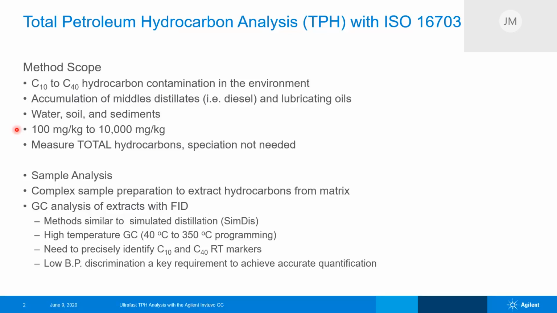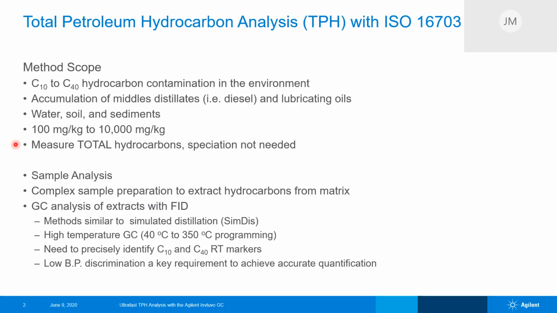16703. What's unique about this method is we don't actually measure individual hydrocarbons, but we measure the entire hydrocarbon load that can be found in these environmental samples. Therefore, speciation or separation of individual compounds is not really necessary.